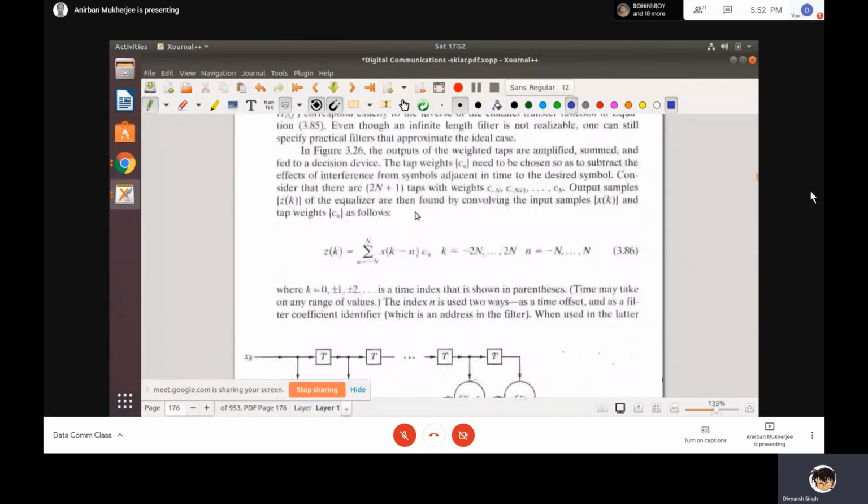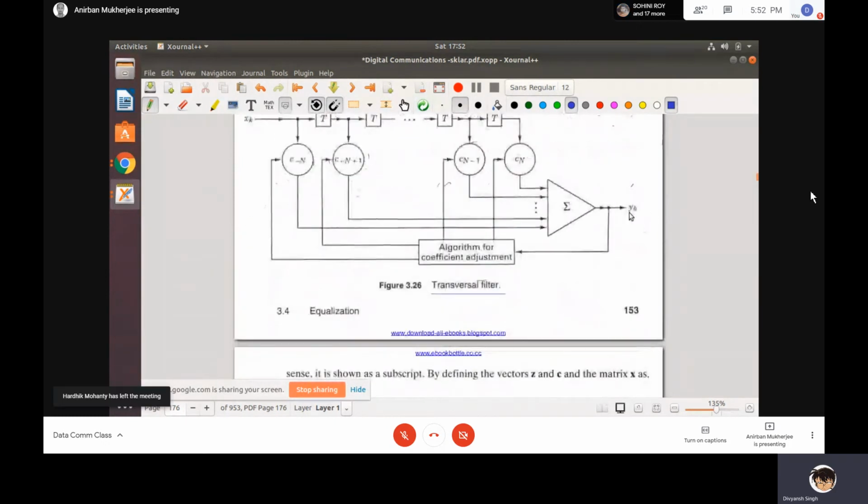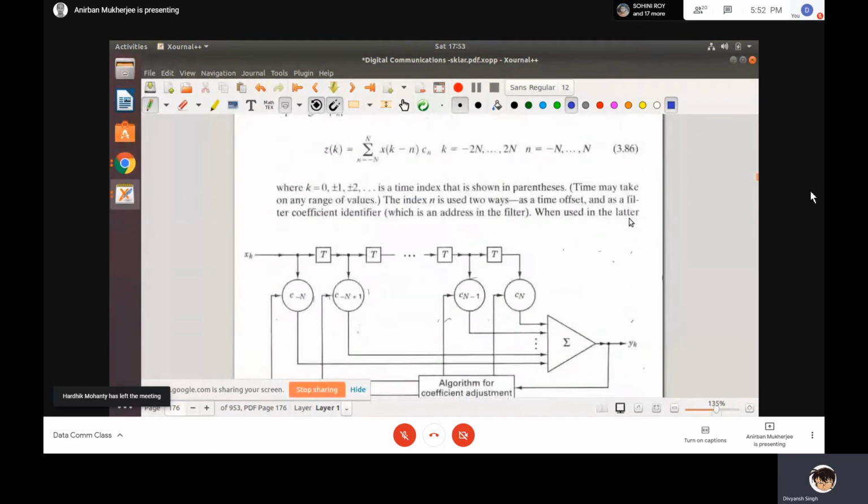If you remember, what is my zk or yk, that is the sum of x_{k-n} c_n. Let me say c0, p0. If I just break it in this way, n is from minus N to plus N, and k is minus 2N to plus 2N. That means I am taking some step.